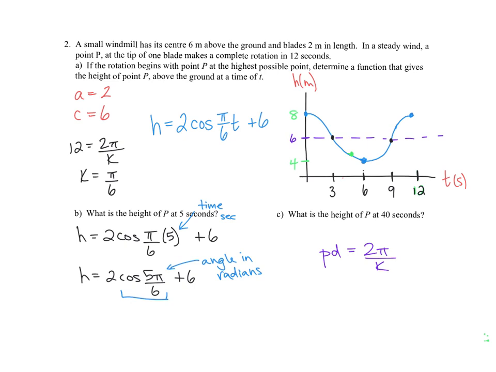Right now, our period is in seconds, our 2 pi is radians, and we have this k. As I rearrange, our k value also becomes a conversion for us. Our k is our conversion factor of putting things in radians per second, so this pi by 6 is our radians per second.